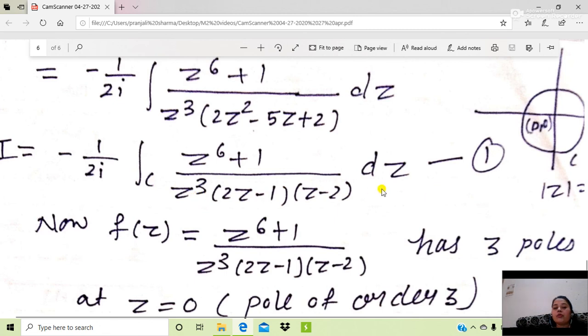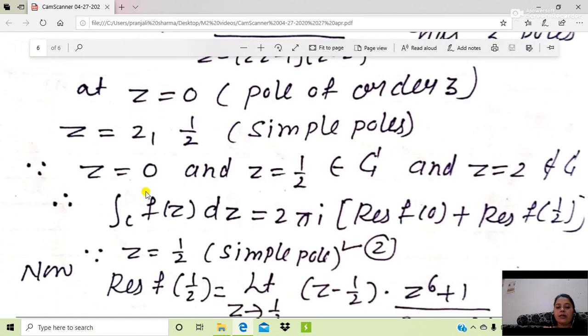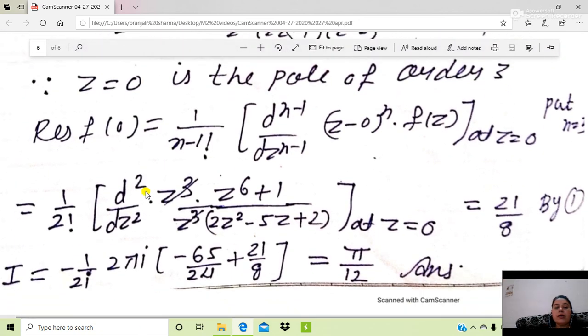Then after calculating 2 pi i into the sum of residues, it is to be multiplied by minus 1 by 2i. So the final result is minus 1 by 2i into the integration of f(z) dz, which is calculated using the formula 2 pi i into the sum of residues. So after calculating this portion, the final integration is equal to pi upon 12.